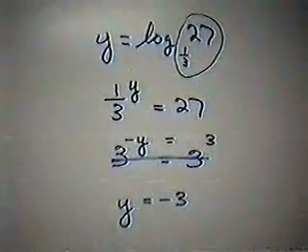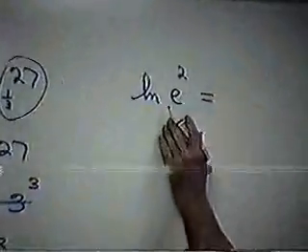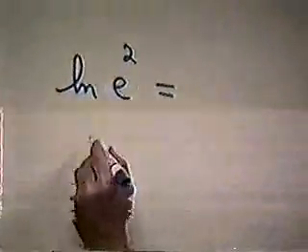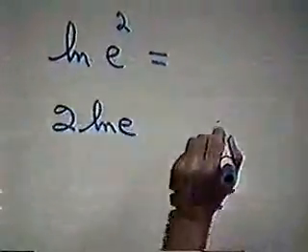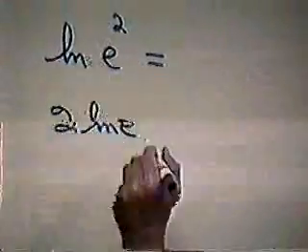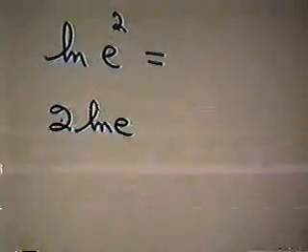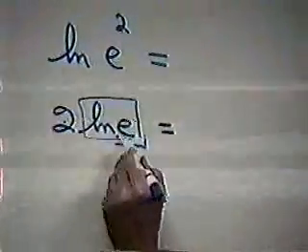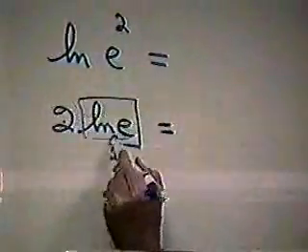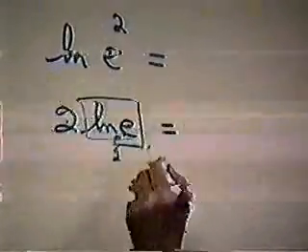All right, next example. The log of e squared can be written as 2 times the log of e. We can take that power and move it out. And so what's the log of e equal to? The log of e is 1. e to what power is equal to e? 1.